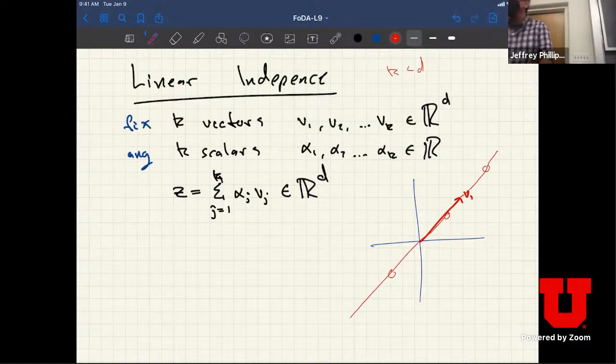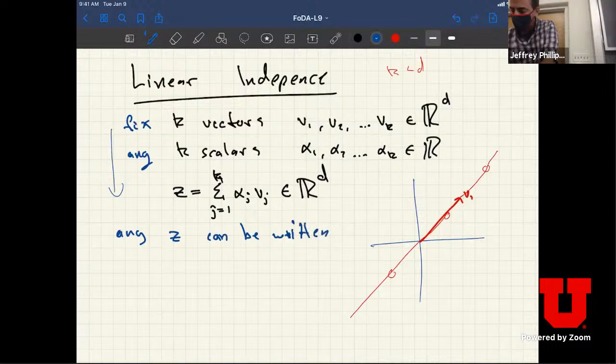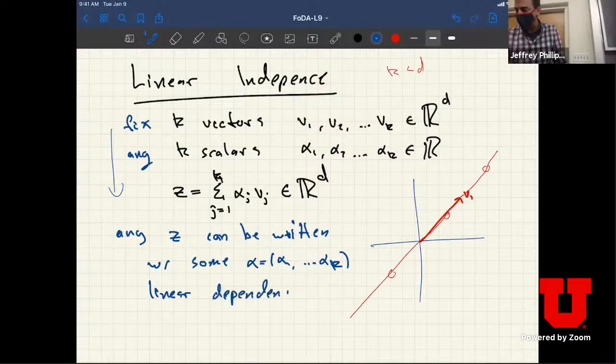Okay, so in this case, if I fix the k vectors v and I look at any scalars, then any z that can be written with some alpha 1 up to alpha k, with some set of these scalar values, any z that can be written with some of these is called linearly dependent on the set v1 up to vk.